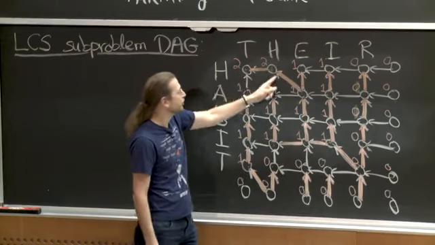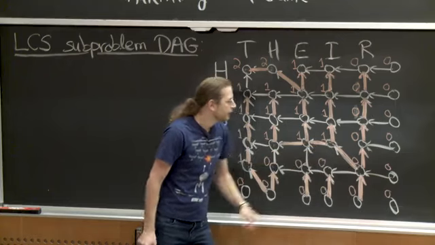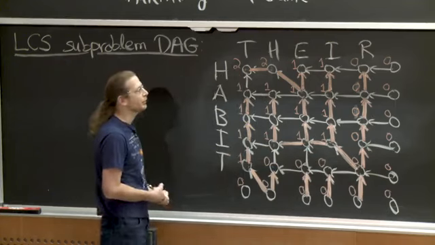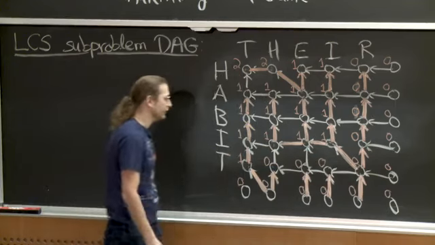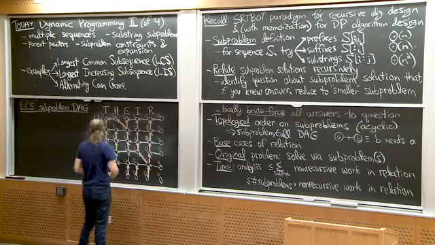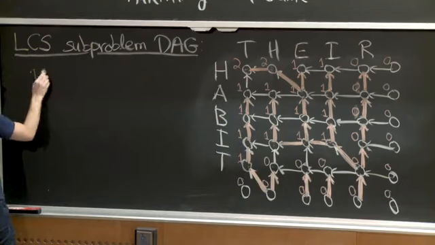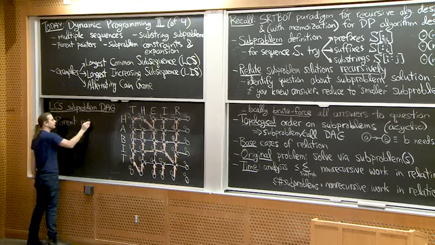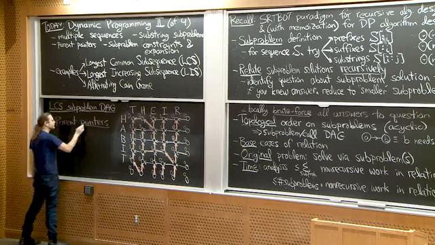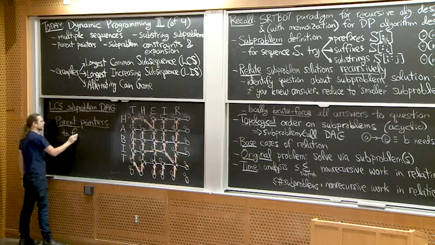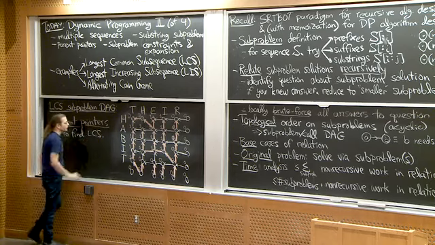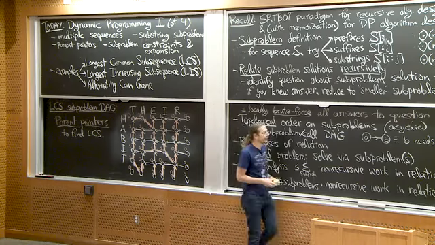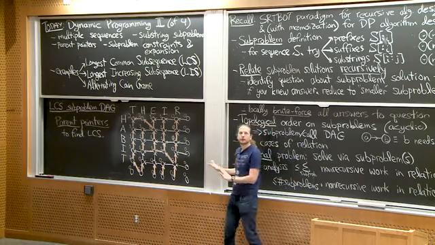In general, we just follow these pointers backwards, the red pointers, and we get our answer. So not only do we compute the length of the LCS, but we actually can find the LCS using parent pointers. And this is a concept you can use in most dynamic programs, including all the ones from today. OK, any questions about LCS?